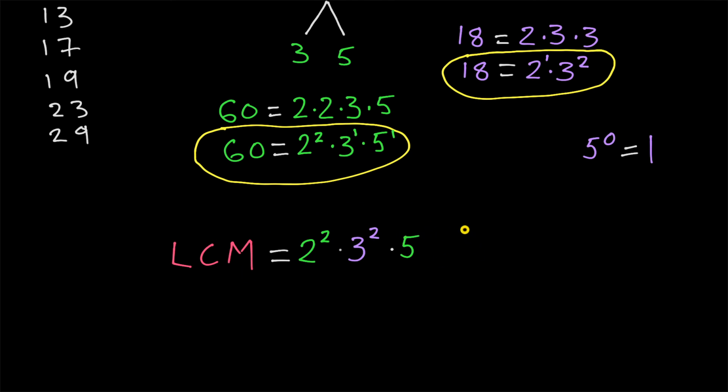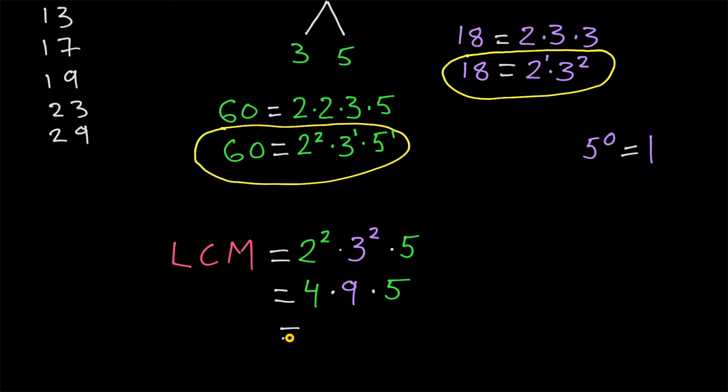So this is your lowest common multiple. Now let's see what this number actually is. So 2 squared is just equal to 2 times 2, which is equal to 4, times 3 squared is equal to 3 times 3, which is just equal to 9, times 5.